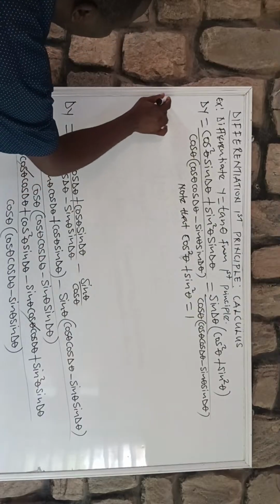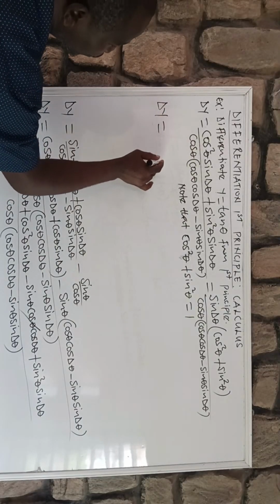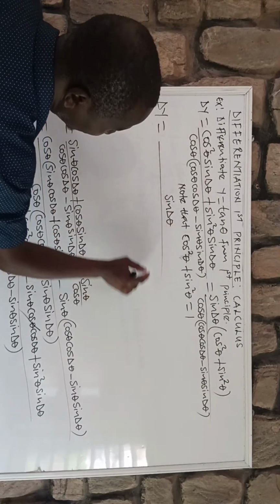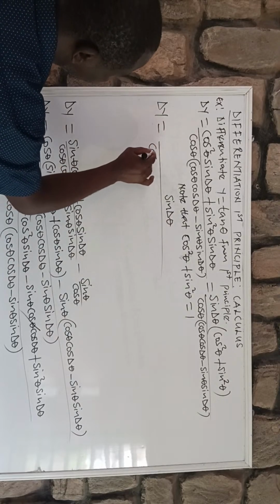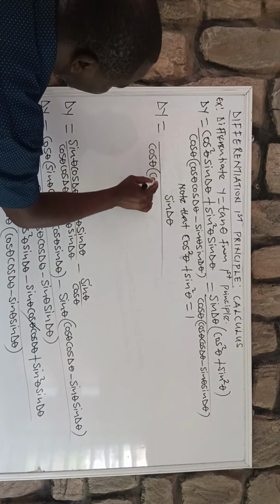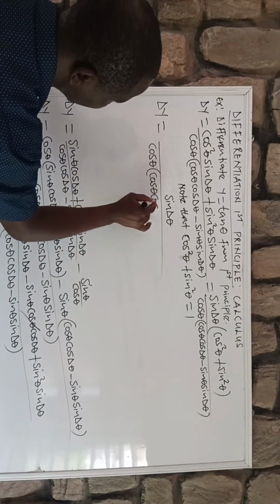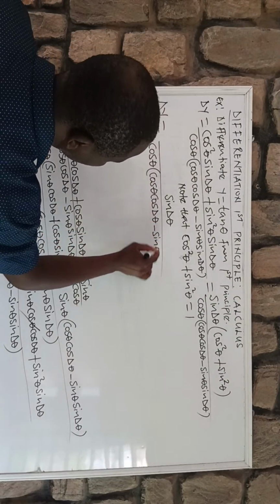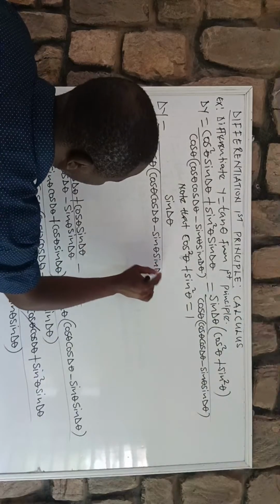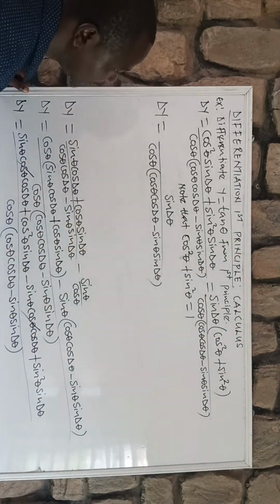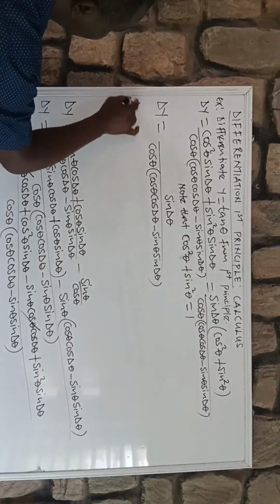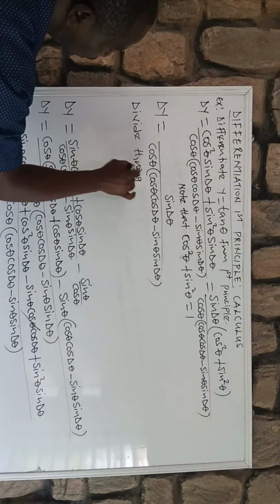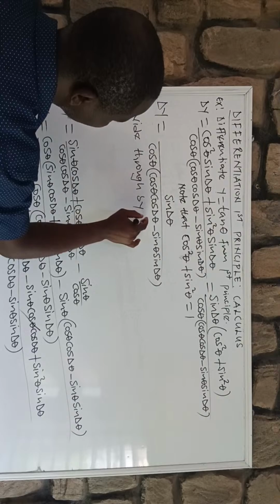So therefore our dy is equals to sin delta theta all over cos theta, open bracket, cos theta cos delta theta minus sin theta sin delta theta. Amen? So at this point we are going to divide through by delta theta.